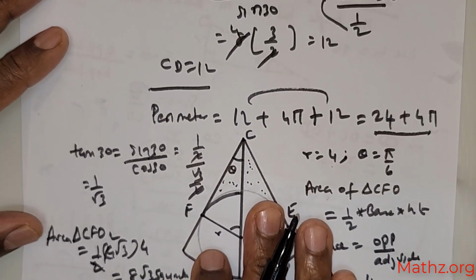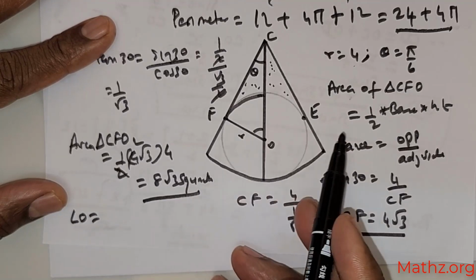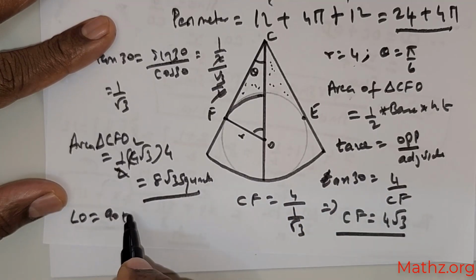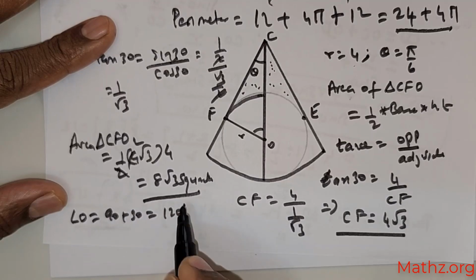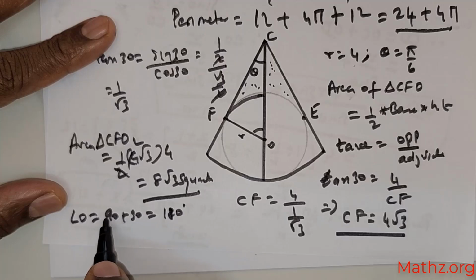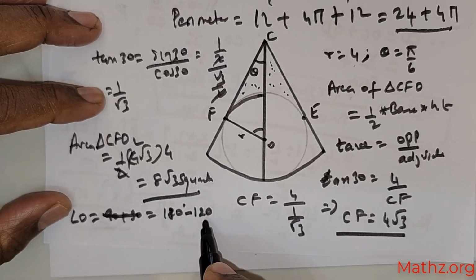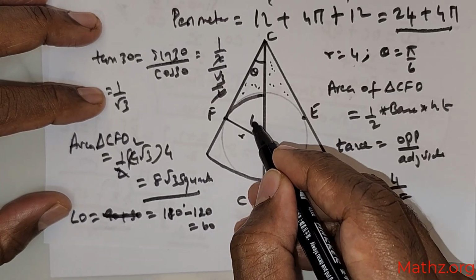So angle at O is going to be 90 plus 30, which is 120 degrees, and this 120 degrees you take away from 180. So let me drop this line off, and from 180 I take away 120, I will get 60. So this is 60 degrees.